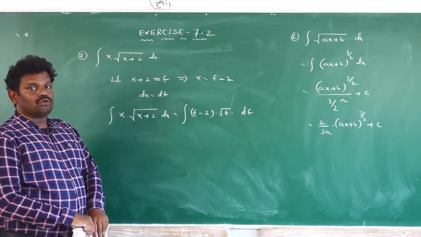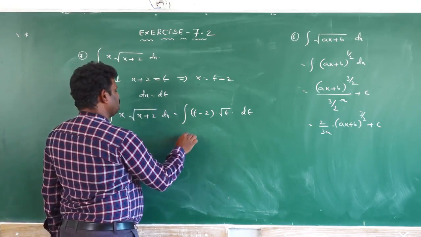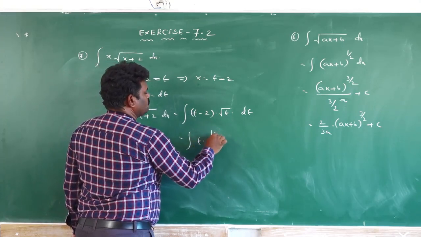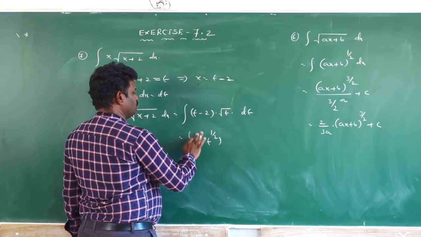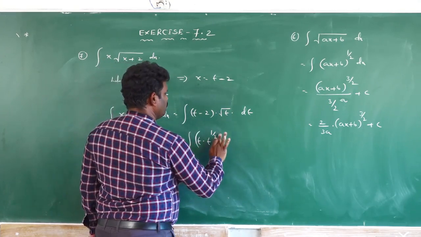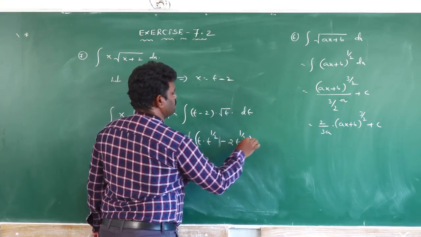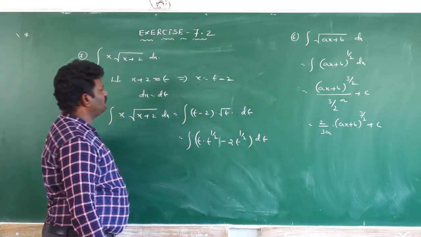Root t is t power 1 by 2. So the integral of t into t power 1 by 2 minus 2 into t power 1 by 2 into dt.